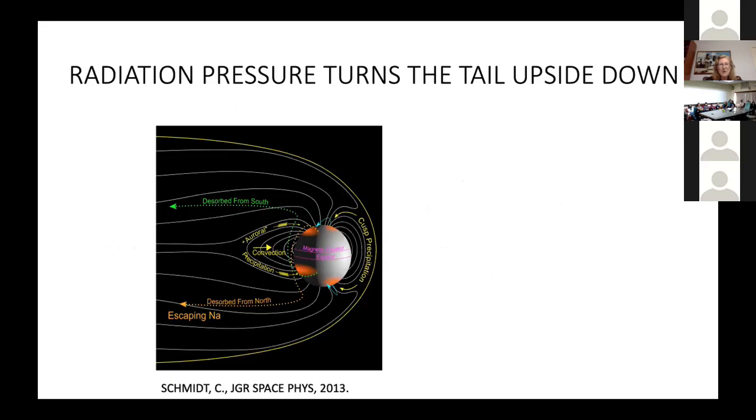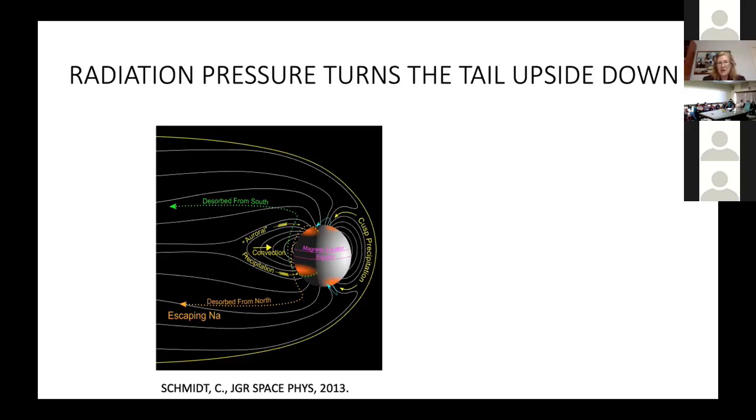So I wanted to point out some really interesting things about radiation pressure. Radiation pressure turns the tail upside down. And what I mean by that is if you have a sodium atom and it is ejected, say from sputtering at the northern cusp, you can see the orange dotted line, and the sodium starts following a normal trajectory around the planet in the shadow where it's not getting radiation pressure.